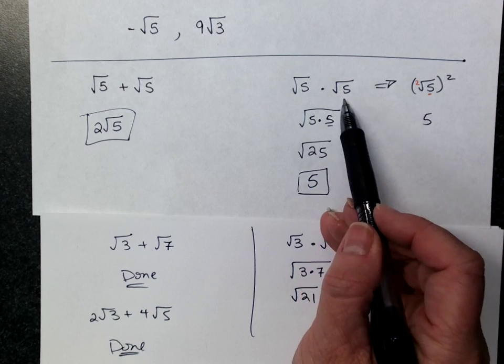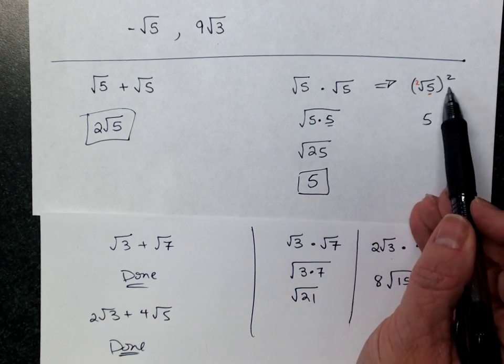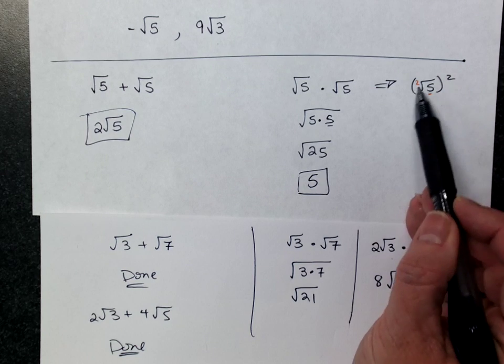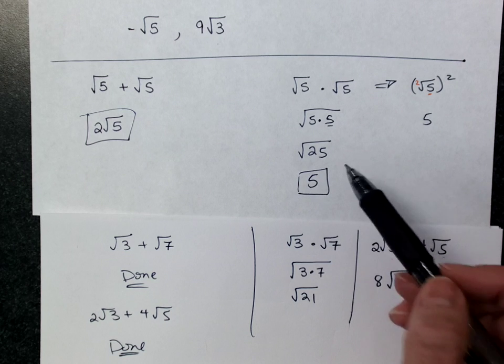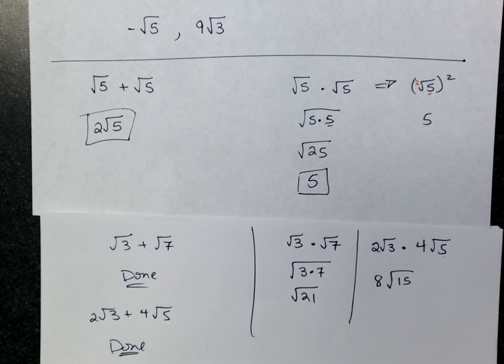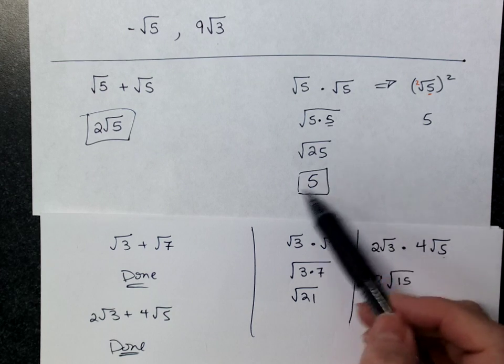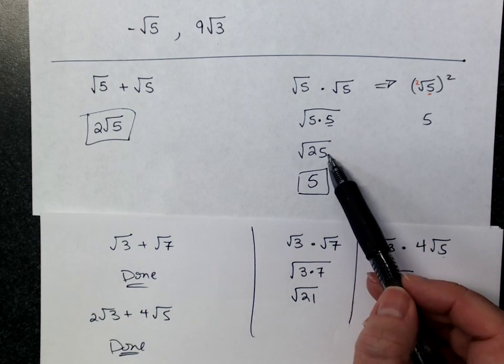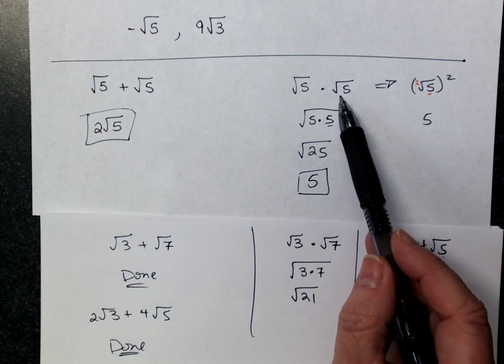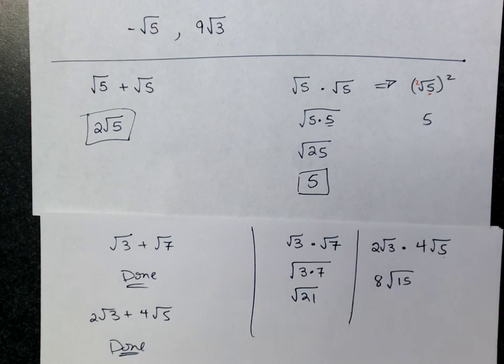A radical times itself, which means a radical squared, obliterates the radical, and your answer is just the radicand. You don't want to have to write all this out, because when we start multiplying at the end of this chapter and next time, you don't want to slow yourself down by writing all of that. Put it in your notes, understand why it's true, but you want to get automatically that a radical times itself obliterates the radical. A radical squared is just the radicand.